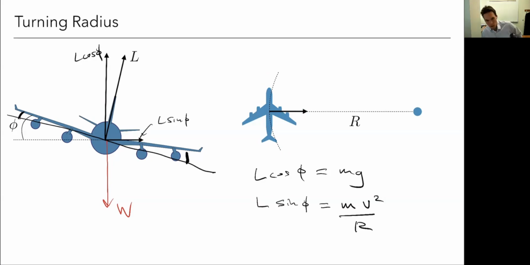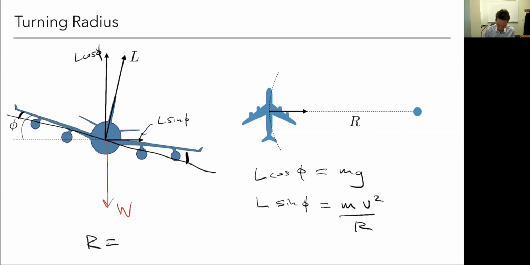Okay. Well, I can figure out what this radius is going to be. I can divide these two equations out, for example, and we see that the lift is going to drop out. So I get tangent phi, and then the mass is also going to drop out. I'm just going to do this in two steps and then solve for the radius.